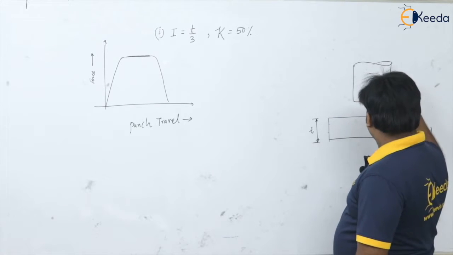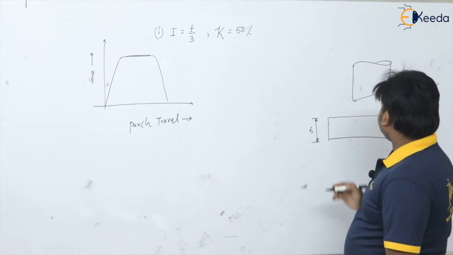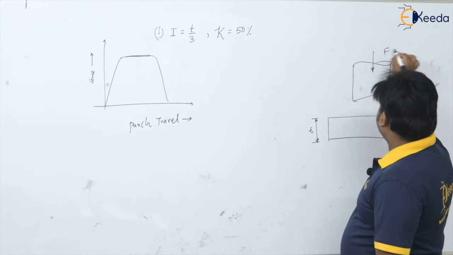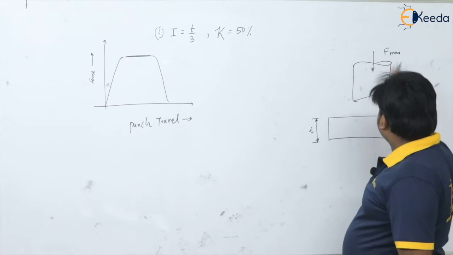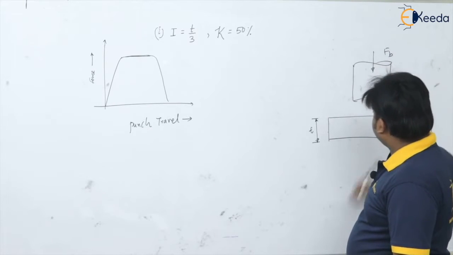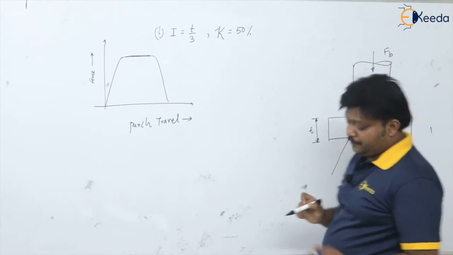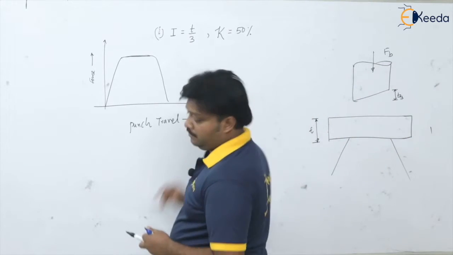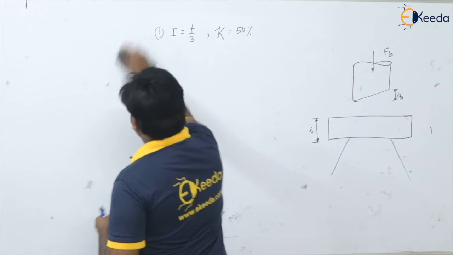So this much shear I am going to provide here, T by 3. The force applied is F max, and with the shear it will be FB now, isn't it? Let us see what FB is, and at the same time we will plot this trapezium curve also here.